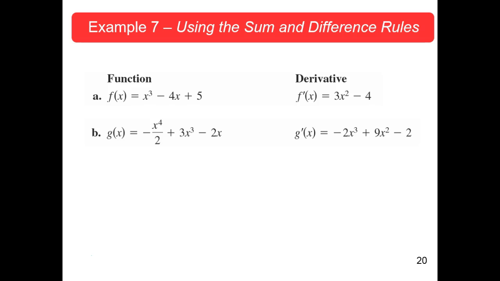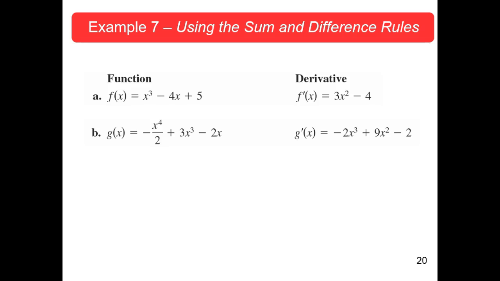Okay. Let's see if we can squeeze in g. There's your g is minus x to the 4th over 2 plus 3x cubed minus 2x. So what would g prime be? Negative 2x to the 3rd power. There it is.